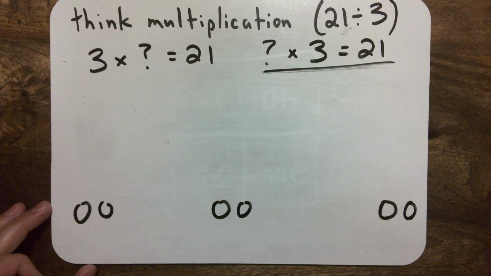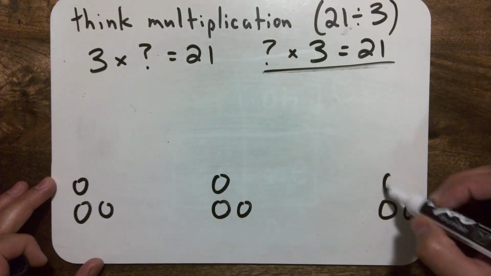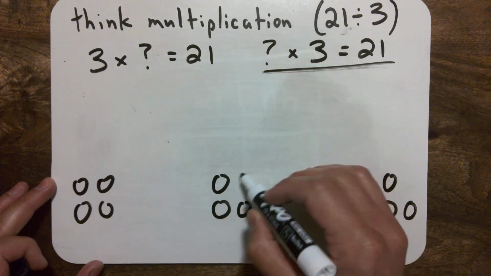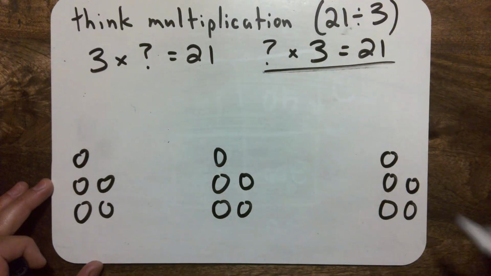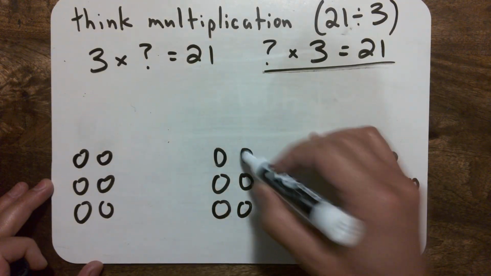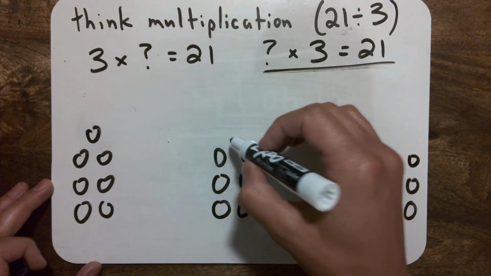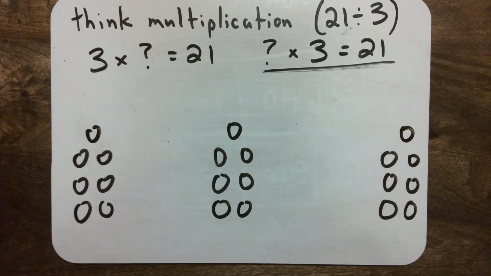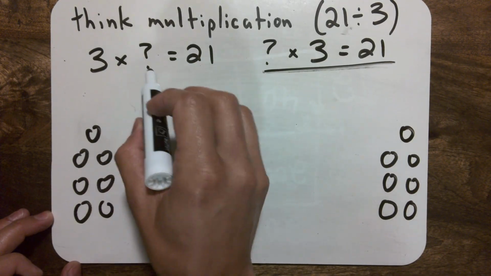Put 3 more in each group. Now I have a total of 6. Total of 9. Total of 12. Total of 15. Total of 18. And now a total of 21. So then I'm looking to see, 3 equal groups, what is the size of each?